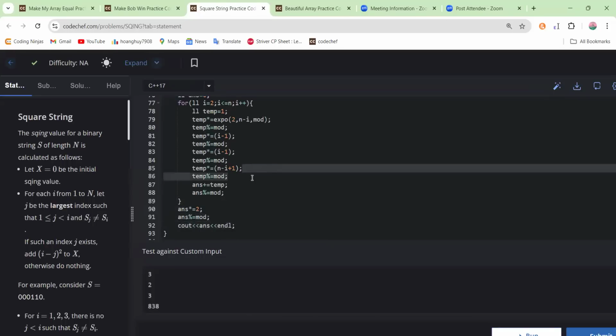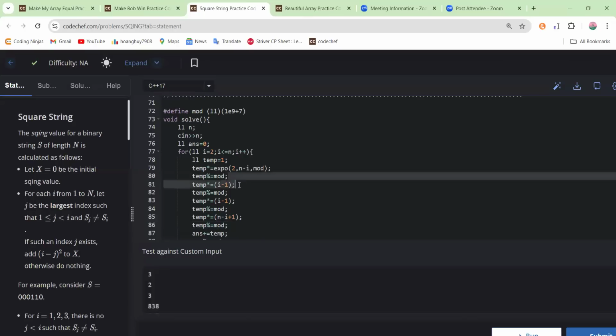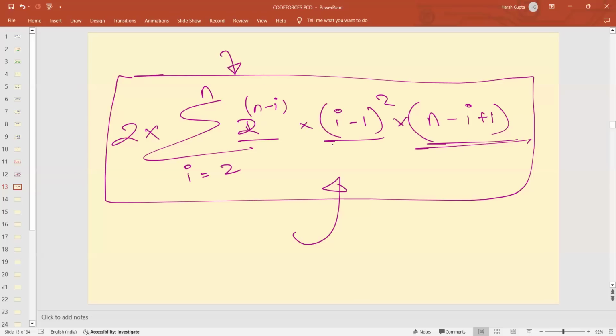So this was the explanation for the third question. It was very much on the mathematical side, and if you just write down the equation and solve it in 2 to 3 lines, you will definitely be able to generate these types of equations. Once you generate this, the code is super easy.